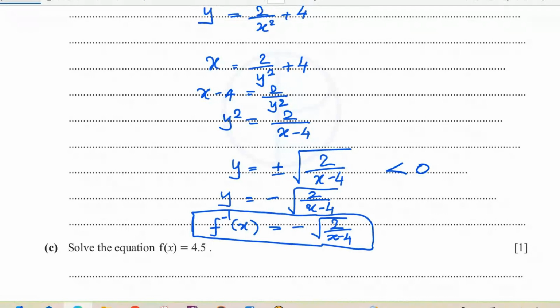Next, the C part of the question is solve the equation f of x equal to 4.5.